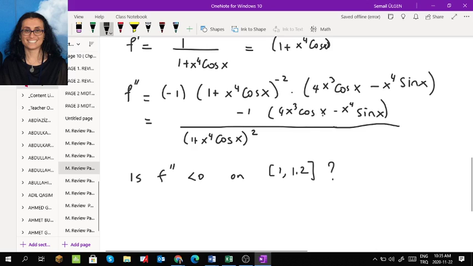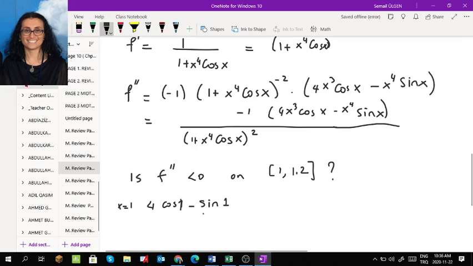At x equal to 1, I have 4 times cosine 1 minus sine 1. Is this a positive number or not?